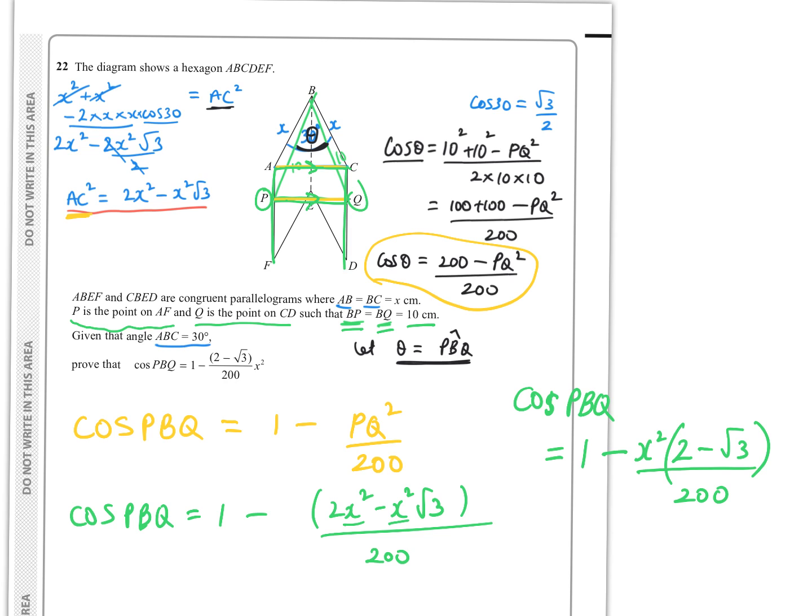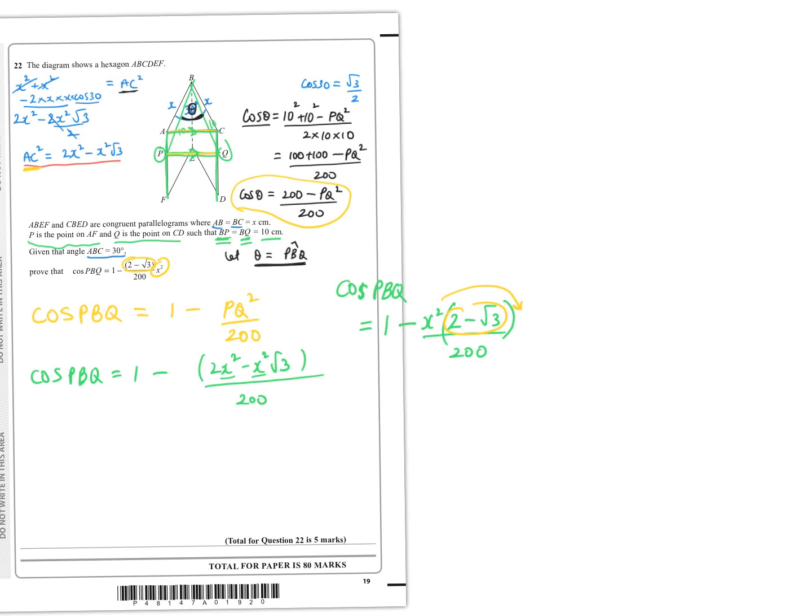And I think I'm nearly there because I've definitely got this 2 minus root 3 in here. The only difference is they've just put the x squared at the end here. So if you're going to prove it, you've got to write it all, I guess. So from what we have here, we've got cos of PBQ equals 1 minus 2 minus root 3 x squared over 200.